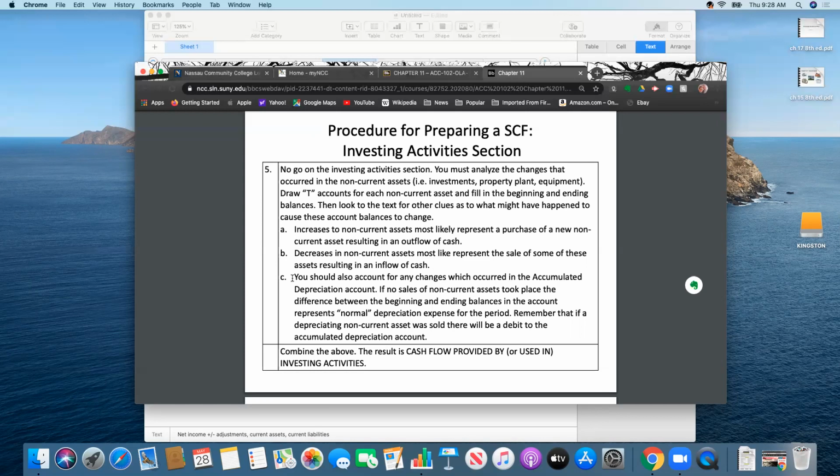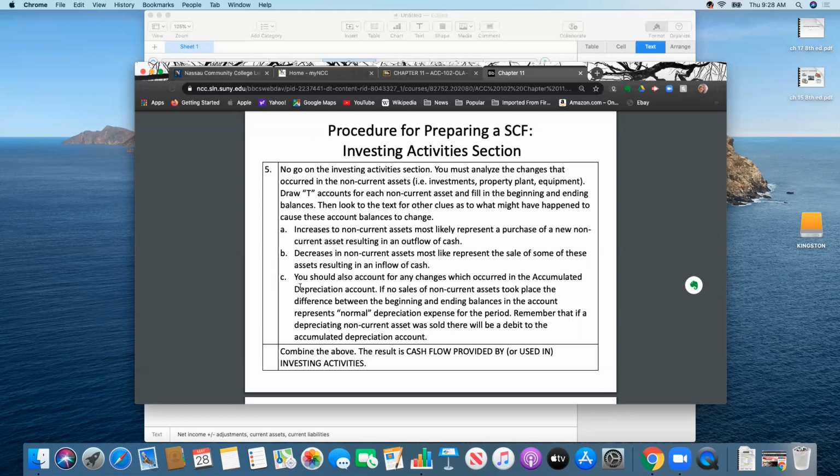What's the most likely reason for that? Well, it means that you bought land. So increases to these assets most likely represent a purchase of a new one, resulting in an outflow of cash. Decreases most likely represent the sale, resulting in an inflow of cash.